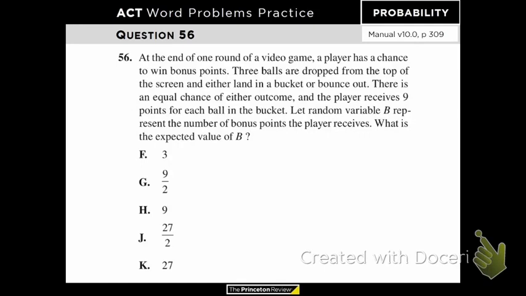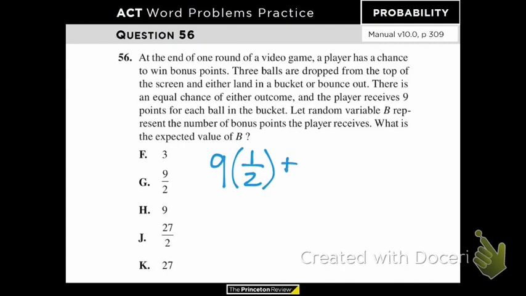So this one, there's 3 options, and you want to think about each separately, even though they're going to be the same outcome, right? For each one, there's a 1/2 probability of it working, and you get 9 points if it lands in the bucket. So the value would be those 9 points with a probability of 1/2 that it works, okay?